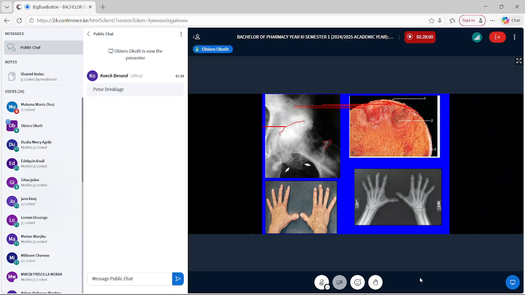You can see here now the joint is gone. There's no joint here anymore. You are not seeing the joint space. The residual joint space is here, this thin area you're seeing. This is the joint space, but here now it's like the joint has fused.